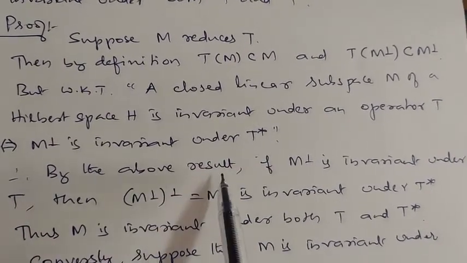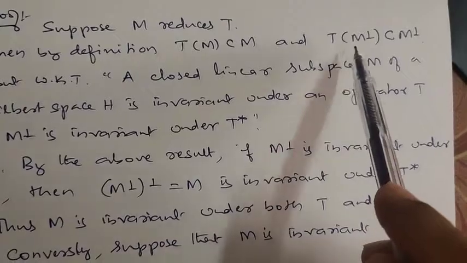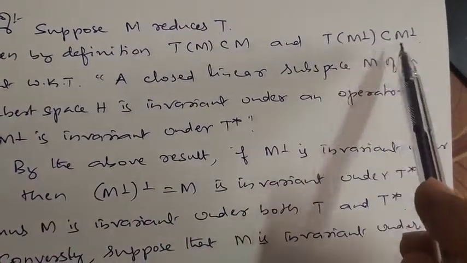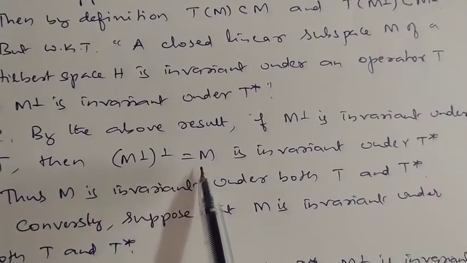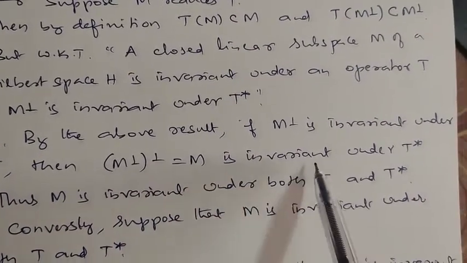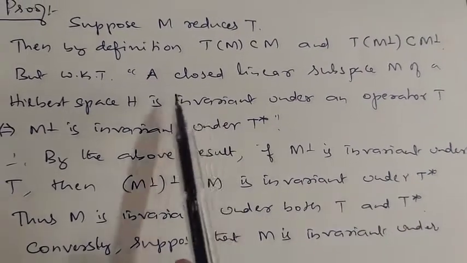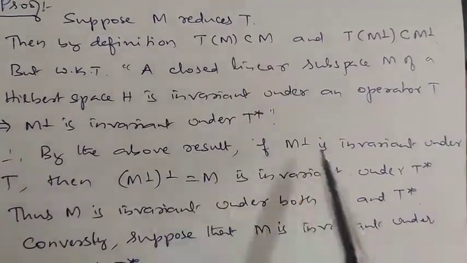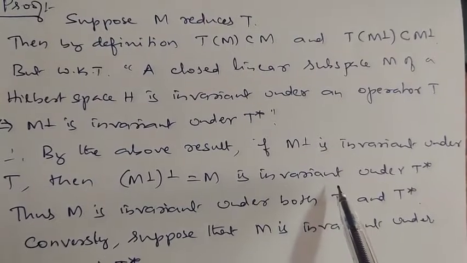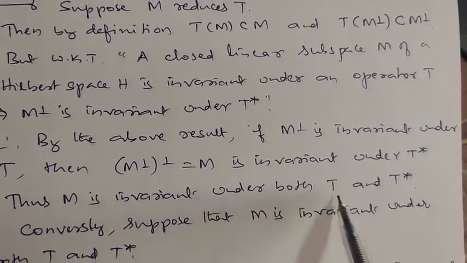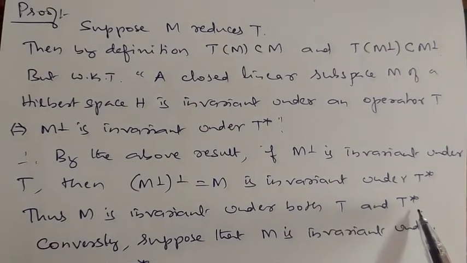Therefore, by the above result, M perp is invariant under T means M perp whole perp, that is equal to M, is invariant under T star. That means M is invariant under T and M is also invariant under T star. Thus, M is invariant under both T and T star, which is the required thing.